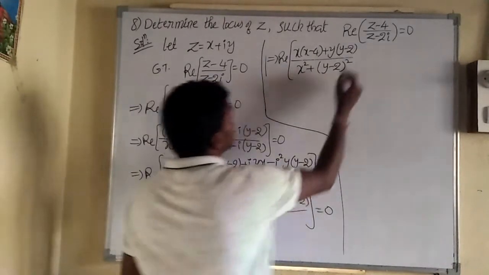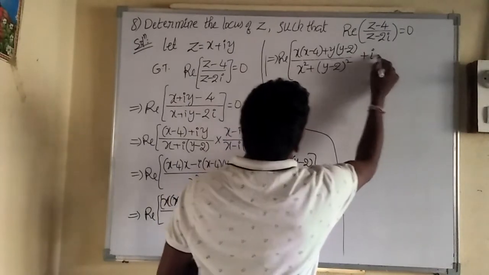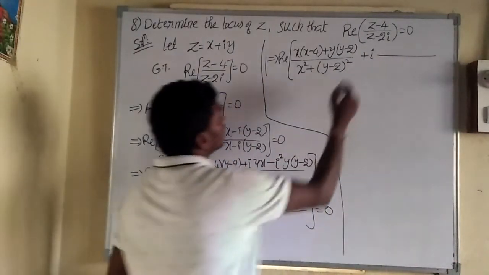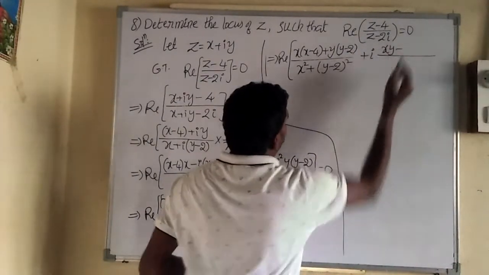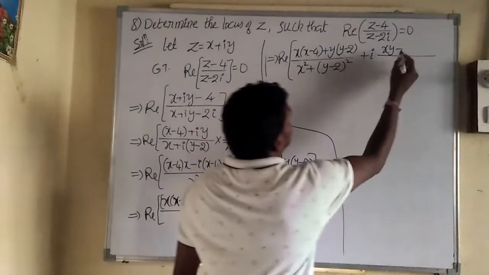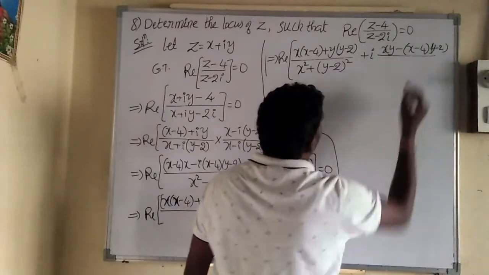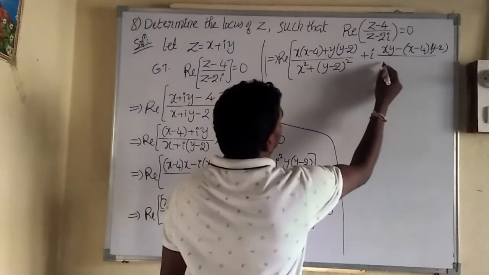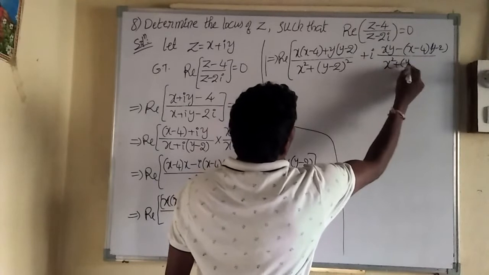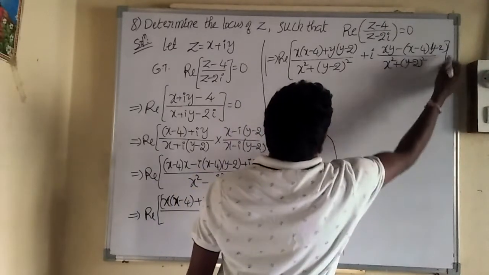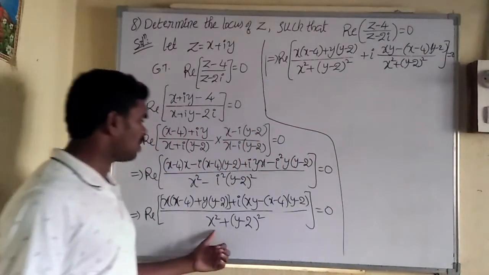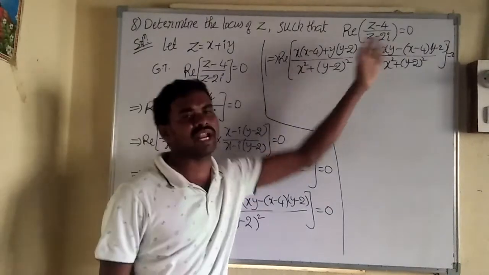Next plus I into xy minus x minus 4 into y minus 2 by x square plus y minus 2 whole square is equal to 0. So the denominator can be separated to both numerators.